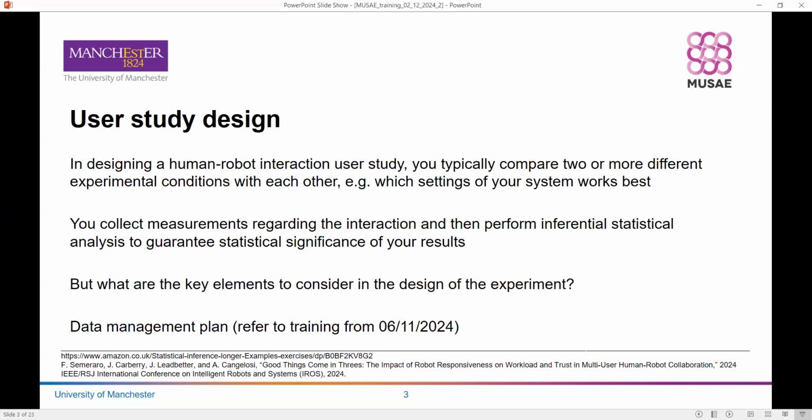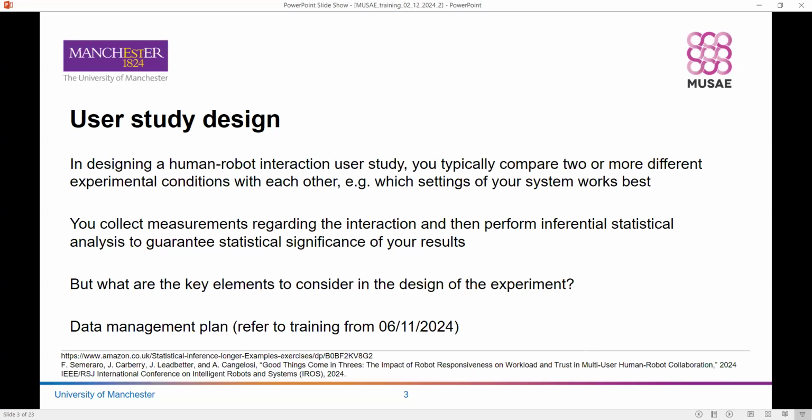So what is a user study? Very briefly, in a user study, you assess and validate your product, your system, and you typically have a system interacting with a user, most of the times performing a task together with it.